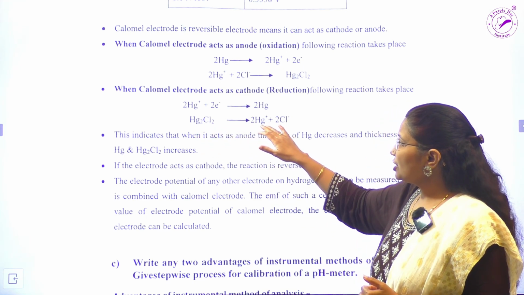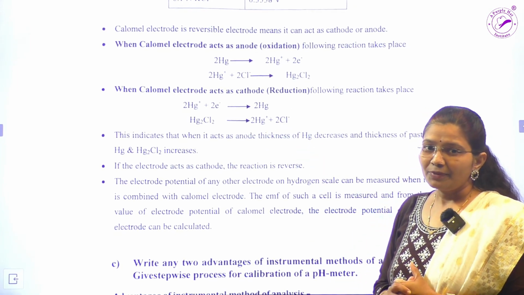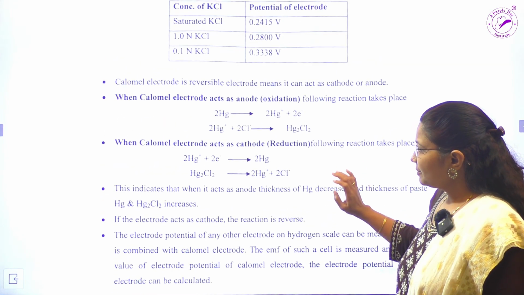It disproportionates into mercury plus Cl minus ions. So this is how the reaction will take place.